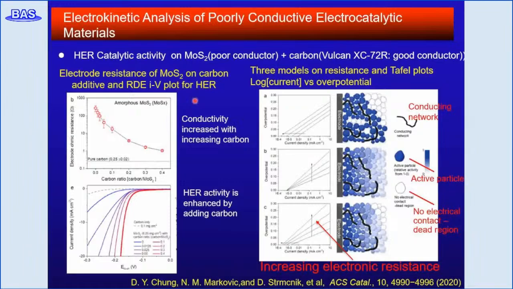First, when molybdenum sulfide is mixed with conductive carbon, the electrode resistance is initially 200 ohms without carbon. However, as the amount of carbon added increased, the resistance decreased to 1 ohm, as shown in this slide.